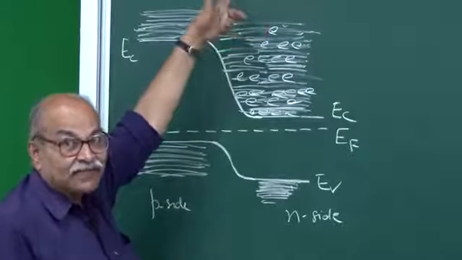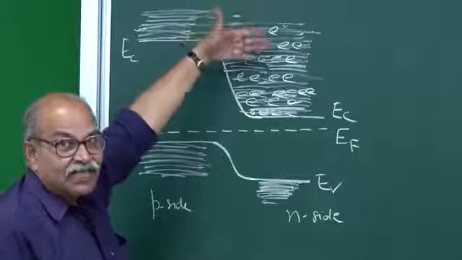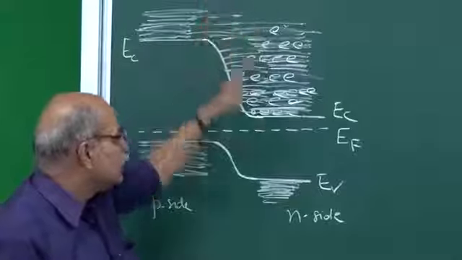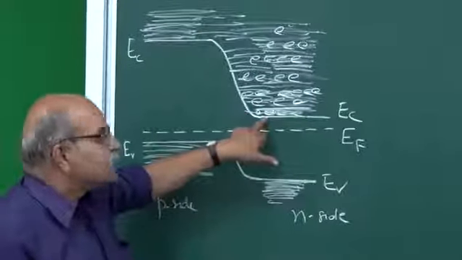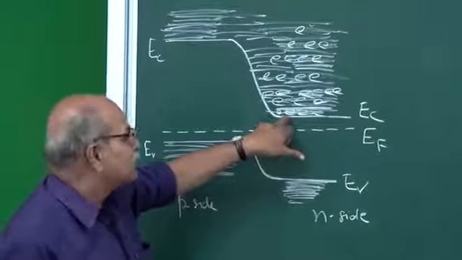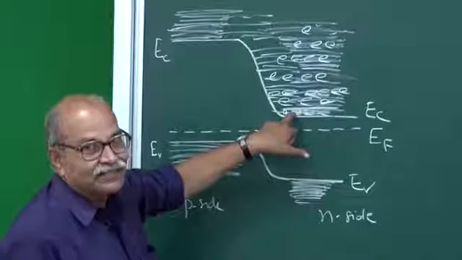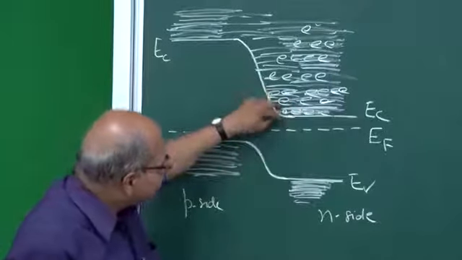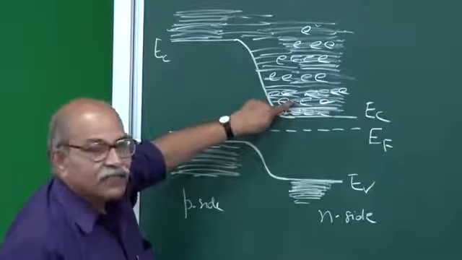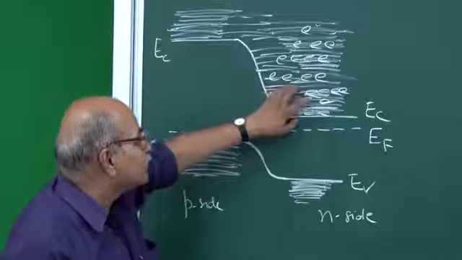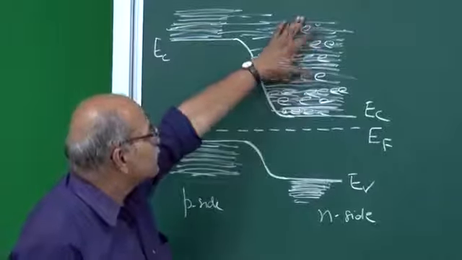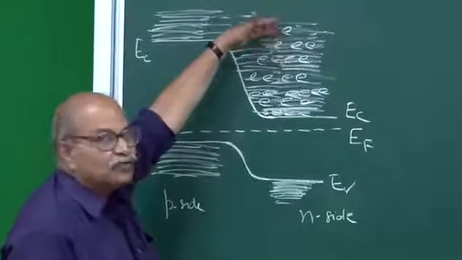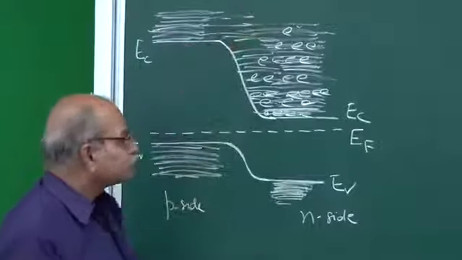The density of states also comes into the picture to decide this distribution of electrons. Right at the bottom, you remember, the density of states is 0, and then it increases, so it maximizes not at the bottom, but a little bit above. But we are not concerned with this. Here the concentration decreases exponentially as you go up in energy.